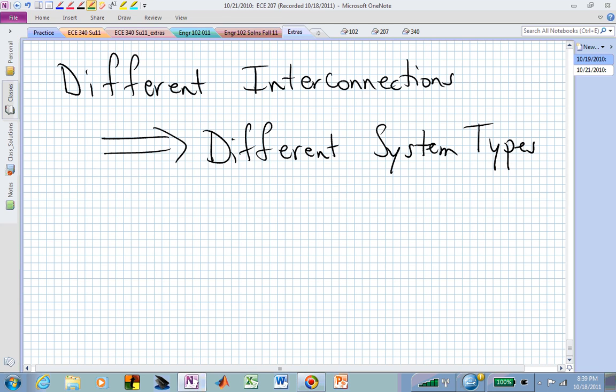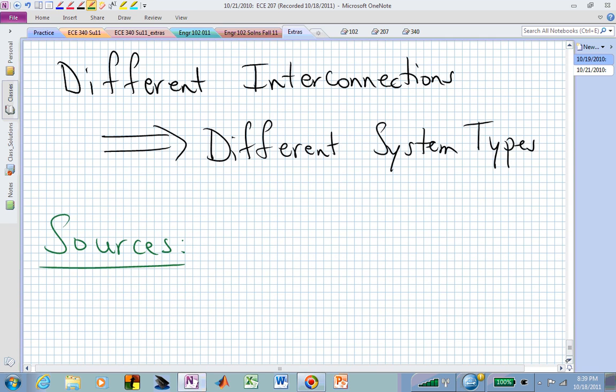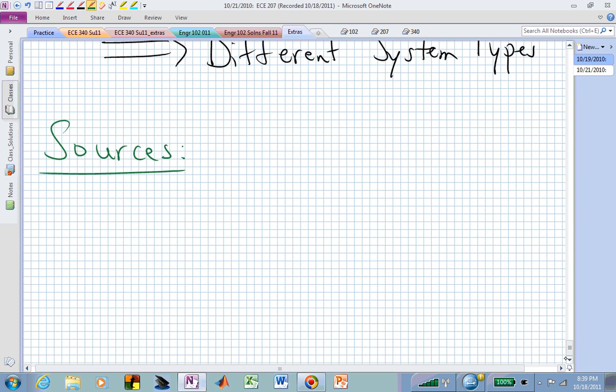Actually, one such piece of that three-phase system is the source side. And we are going to simplify things by considering that our sources are balanced.